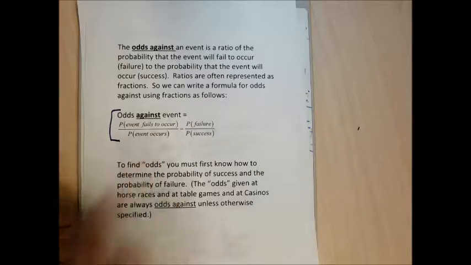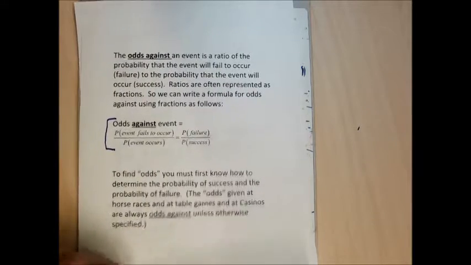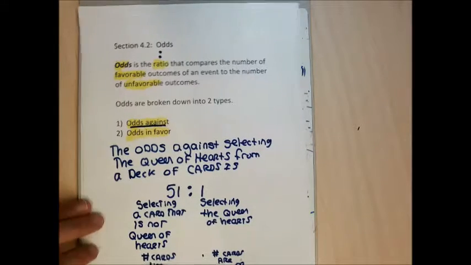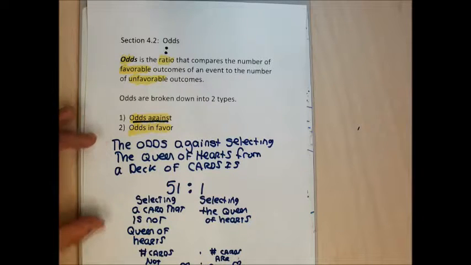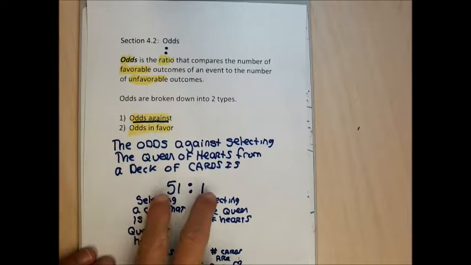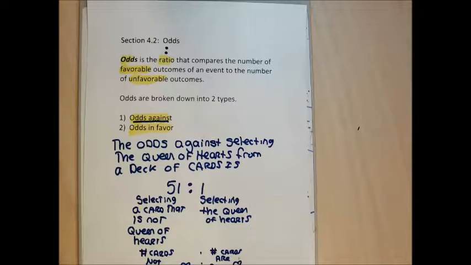That's a mess. Well, let me go through this a little bit. The easiest way to compute the odds for any event is to just visualize the sample space and separate the sample space into sets or piles and use those numbers to compute the odds.